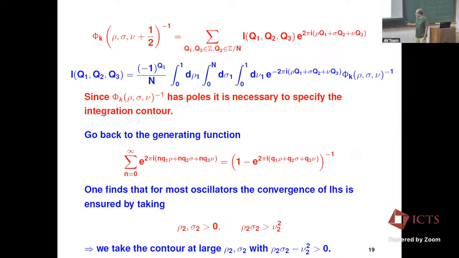By examining these, one finds that for most oscillators, the convergence of the left-hand side is ensured by taking rho, sigma, and nu in the Siegel upper half plane. But just to make sure that individual terms are close to 1, so that the product doesn't diverge, you have to take large rho 2 and sigma 2 and this condition, which is of course the condition for the Siegel upper half plane.